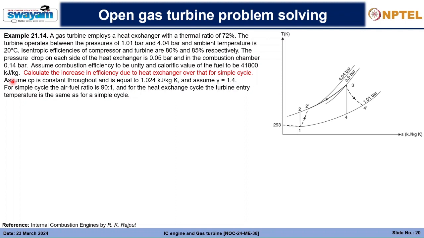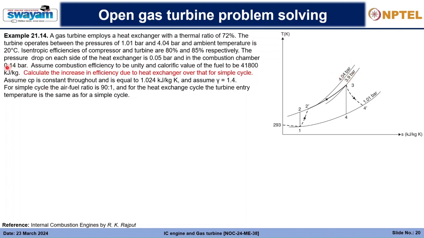So this is the TS diagram of a simple cycle. In a simple cycle, we only have a combustion chamber. This is the compressor part, and the compressor is compressing up to 4.04 bar, but there is a pressure loss to 3.9 bar.